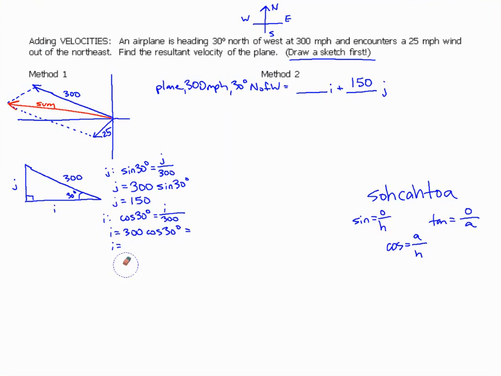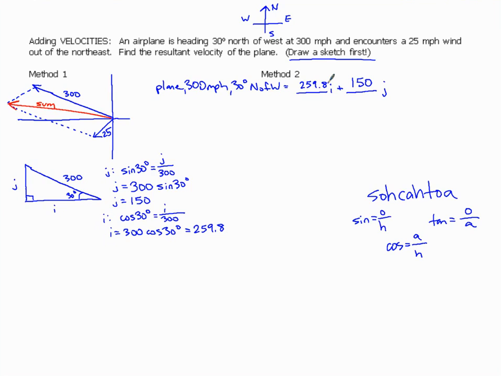The horizontal component, 259.8. Direction is important here.